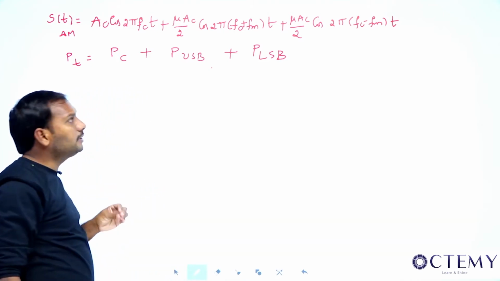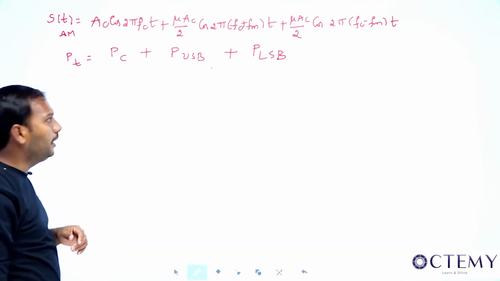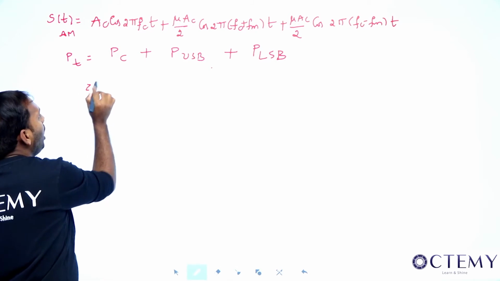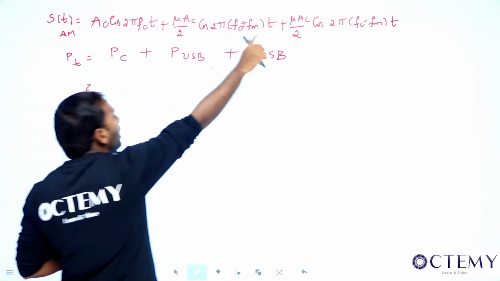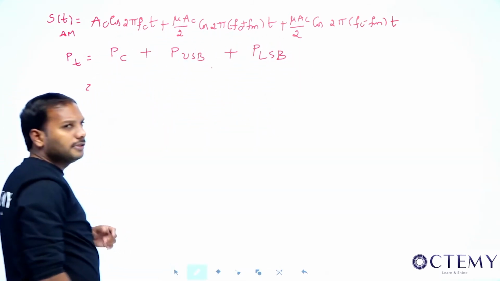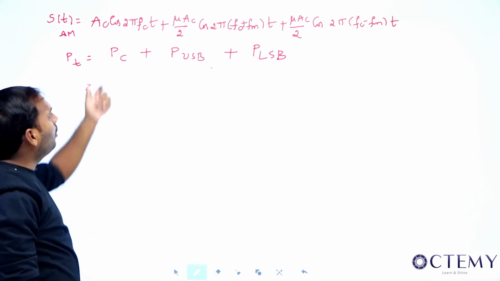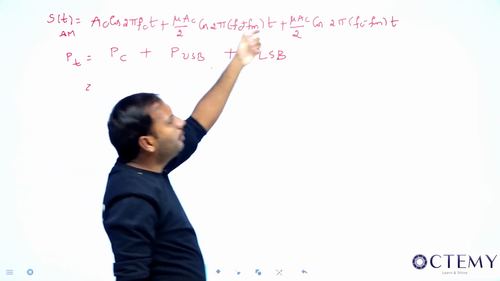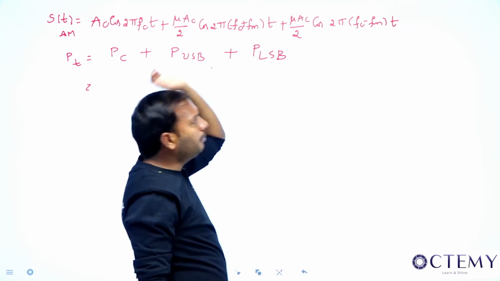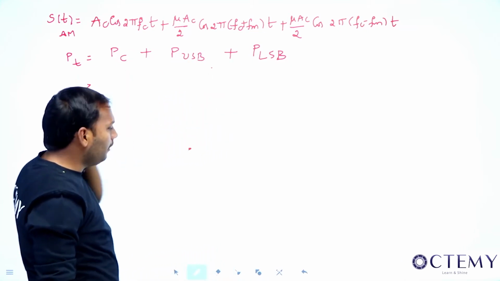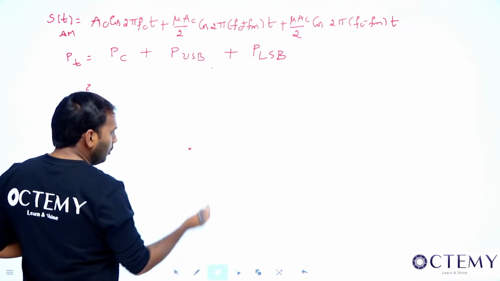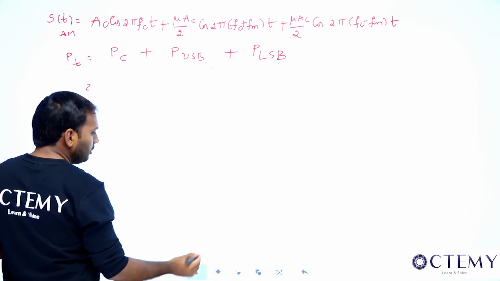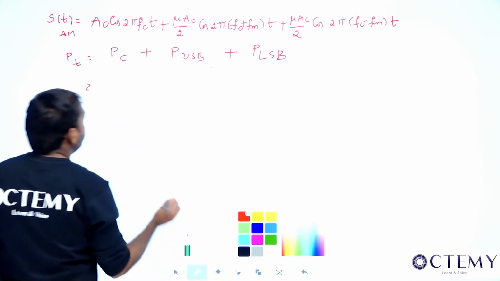So PC plus PUSB plus PLSB. All are single sinusoidal functions with some specific frequencies. What is the calculation of the power in all three cases? Simply, it is always the RMS value whole square.